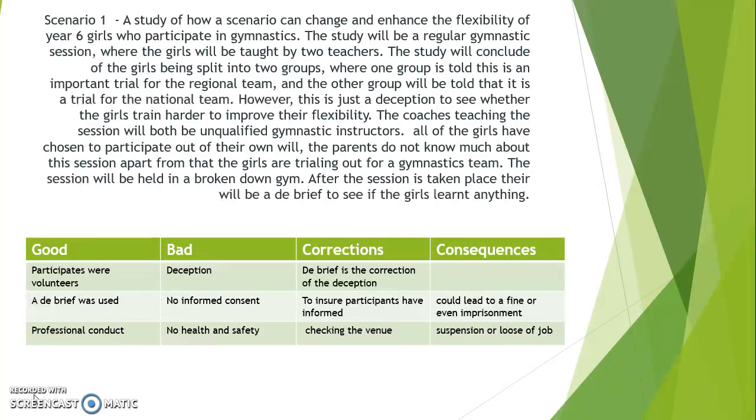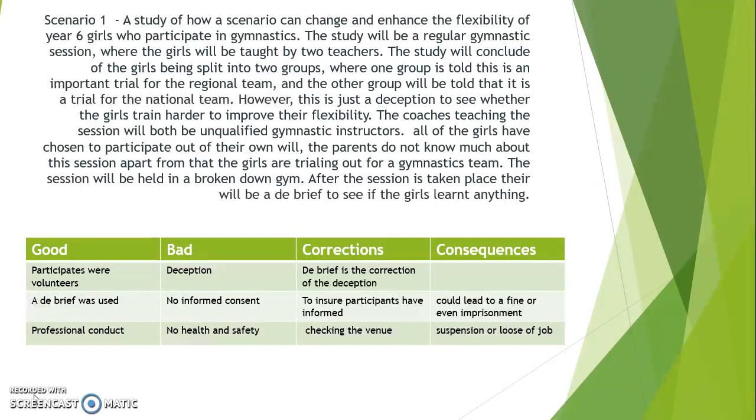This is because it is a legal requirement, and if you do not have this informed consent, the consequences may be that you might have to be involved in a tribunal with the directors board of the people that you are experimenting and the people in charge, and then this could lead to a fine or even imprisonment depending on the severity of the experiment and how badly it affected the participants.